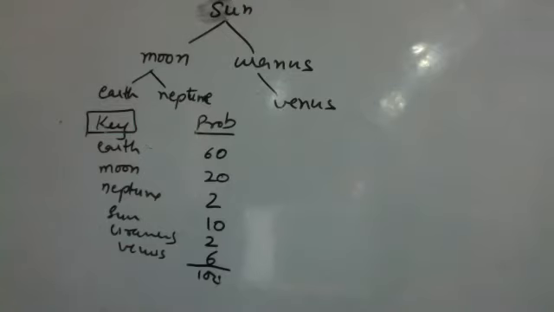Go ahead, I'm still waiting. When I'm calculating the cost of searching something, I will come at first to... I have to reach Earth. I will first have to reach Sun, then Moon, then Earth. It will be like this, right?